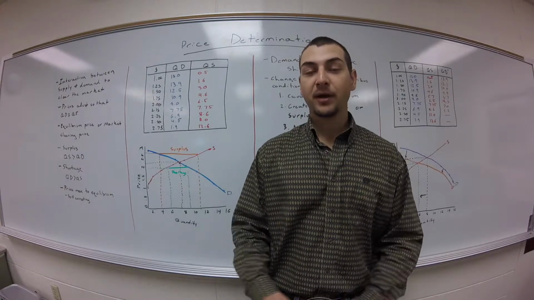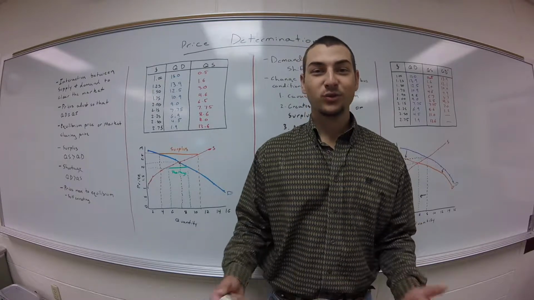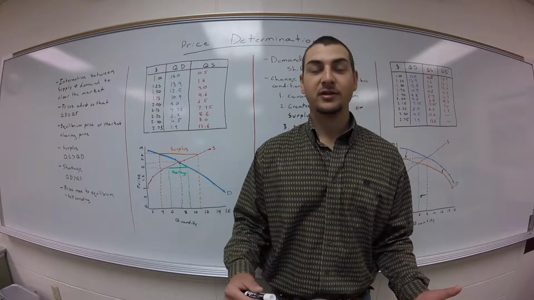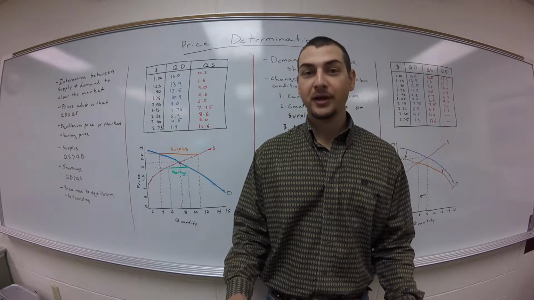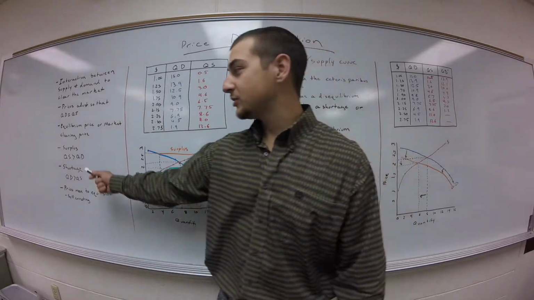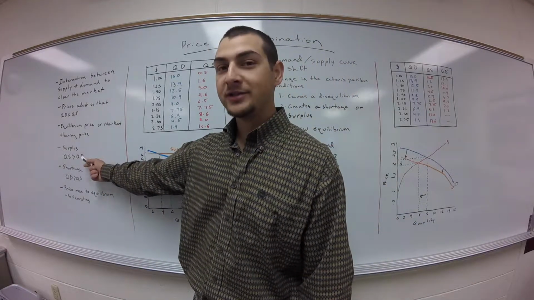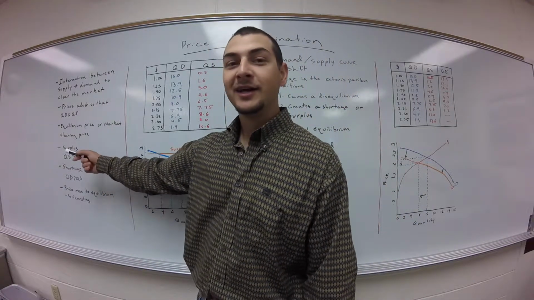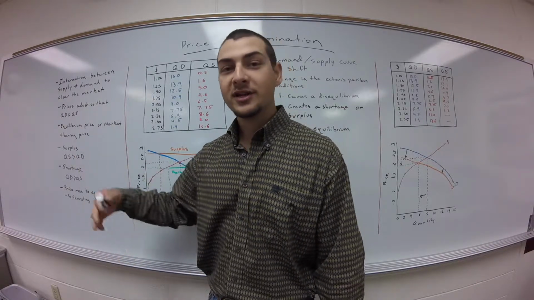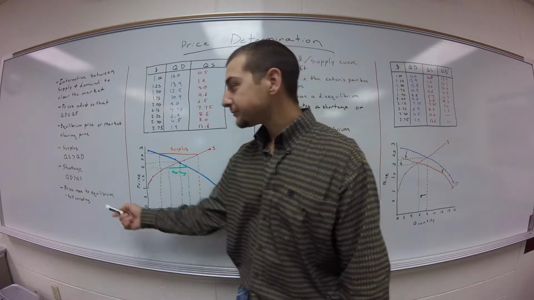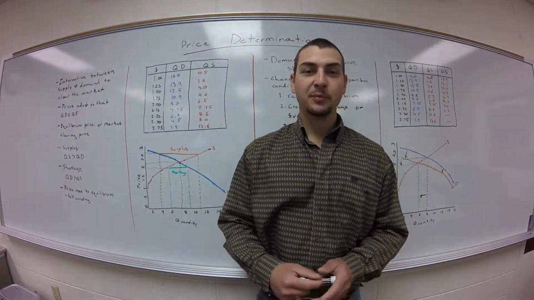There's more being supplied than there is being demanded. So what happens? Nobody wants the lettuce. So in order to sell that lettuce, they have to drop the price. So a surplus is whenever quantity supplied is greater than quantity demanded, and the only way to equalize this is to drop the price in order to get more people to buy it. A shortage is the exact opposite.